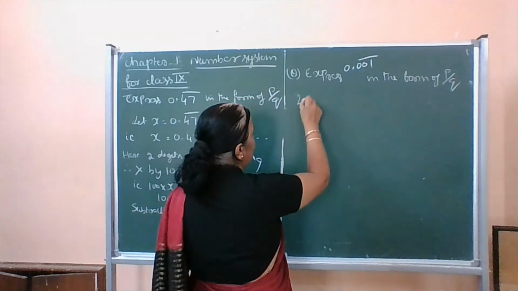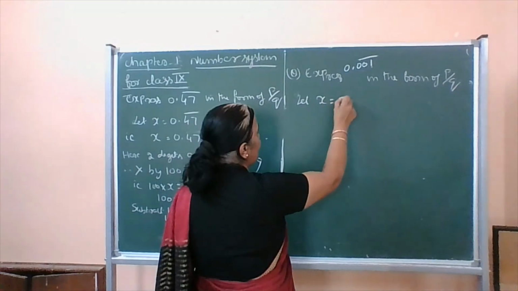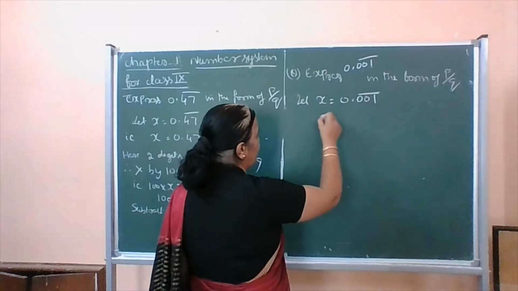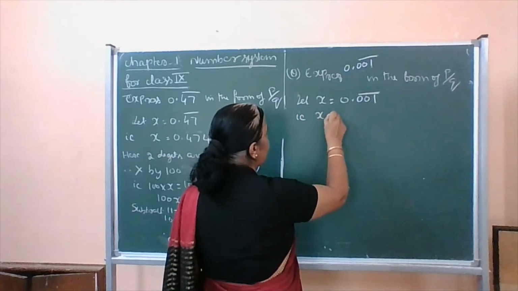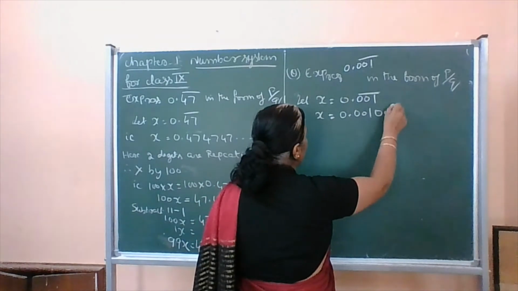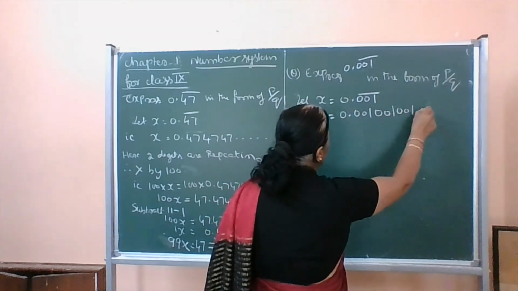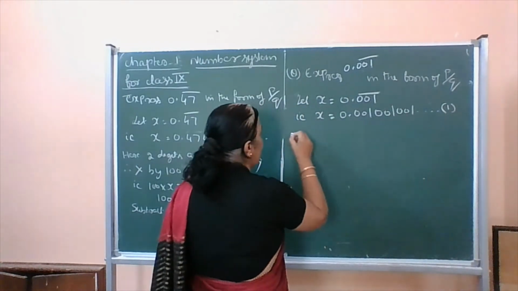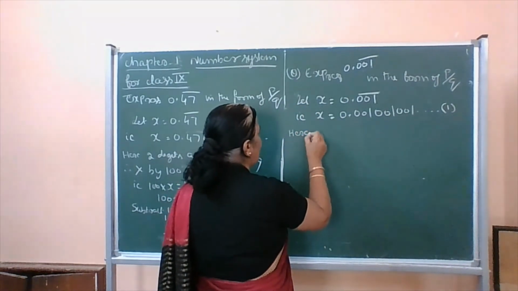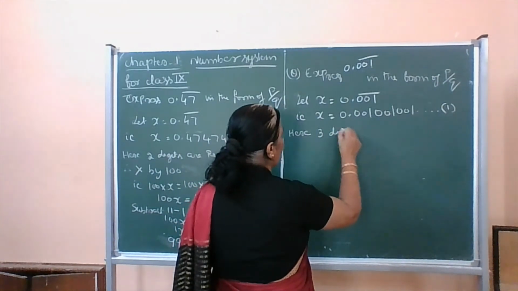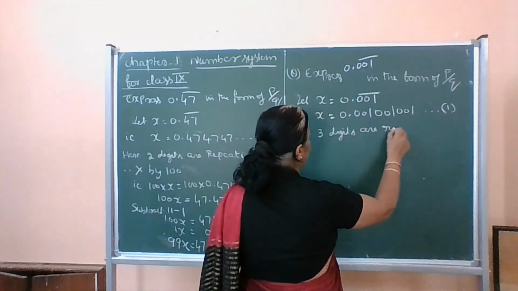Yes, 3 numbers. That is, let x equal to 0.001 is repeating. That is, x is equal to 0.001, 001, 001. Call it as equation 1. Here, how many digits are repeating? Here, 3 digits are repeating.